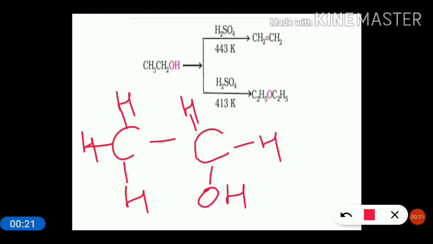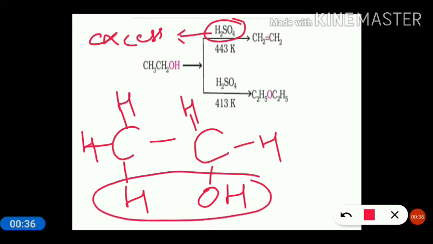Dehydration means a dehydrating agent should be there. So when the dehydrating agent is in excess at 443 Kelvin, there is removal of a water molecule, and when this bond breaks, there is a formation of a double bond.